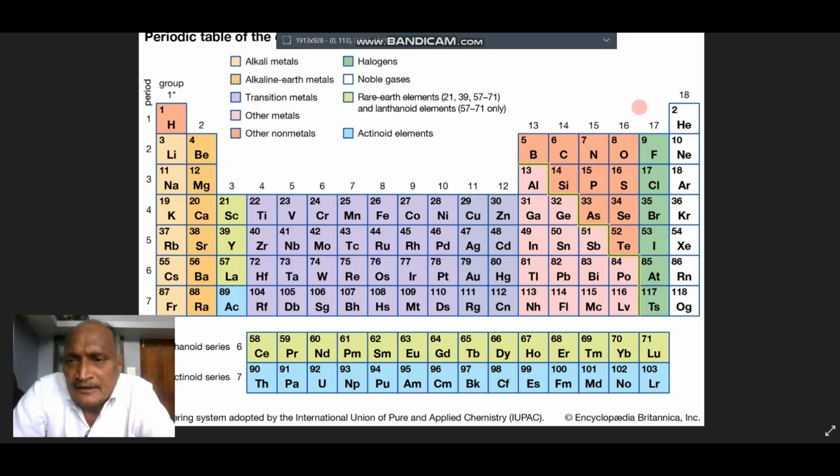Hence, helium is not a p block element. Once again, elements belonging to boron family, carbon family, nitrogen family, oxygen family, halogens and noble gases except helium belong to the p block.